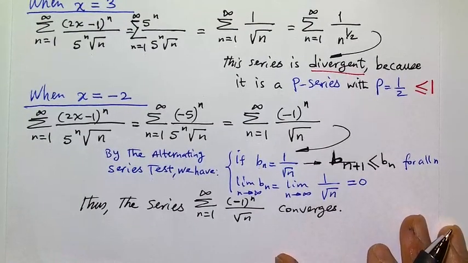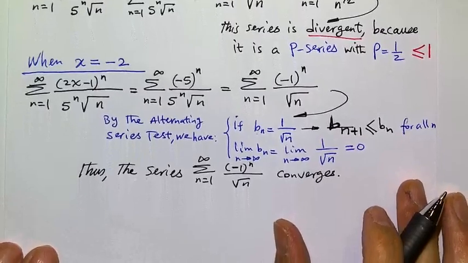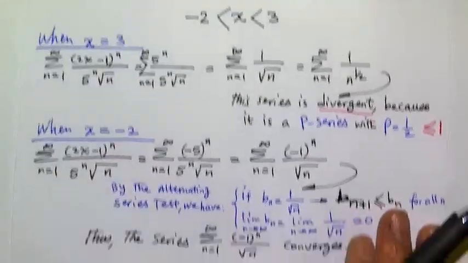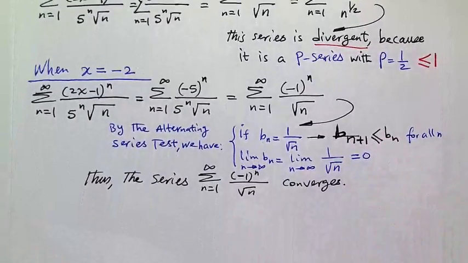Converges, and so the interval of convergence would exclude 3 but include -2.